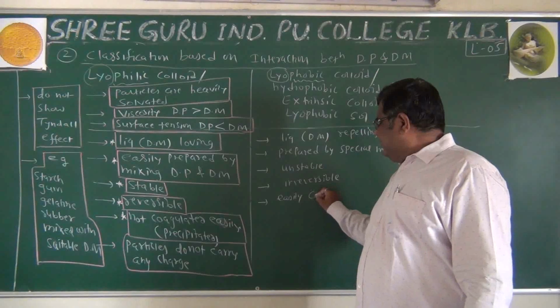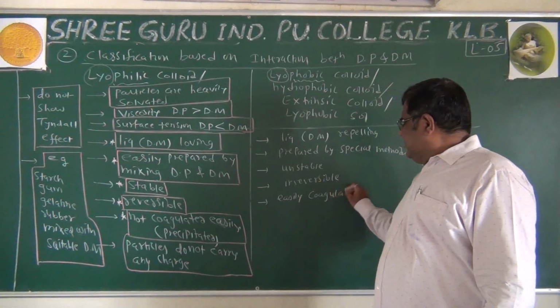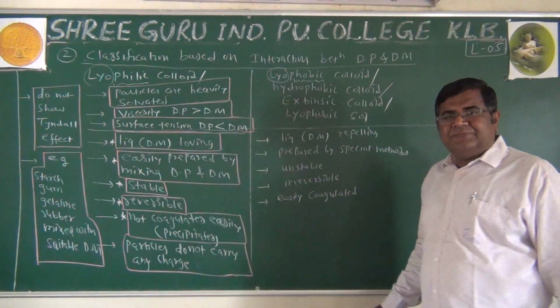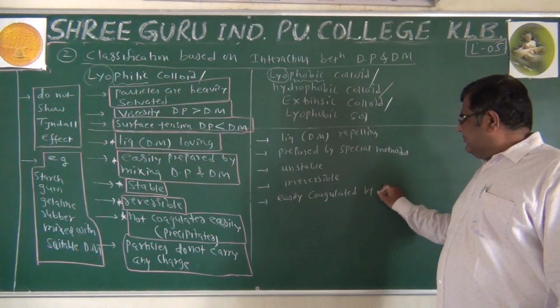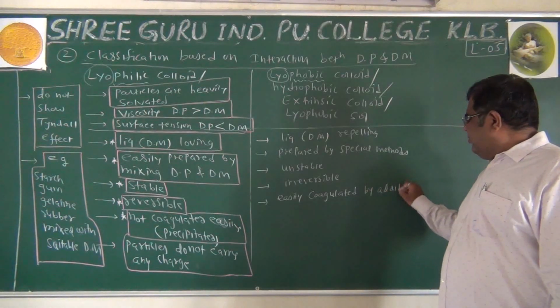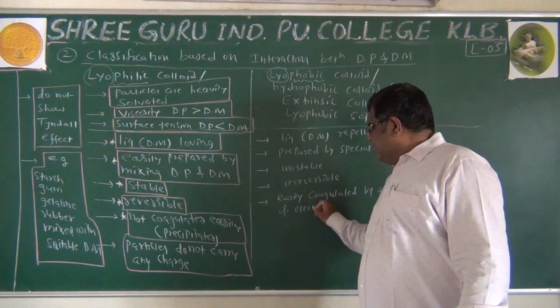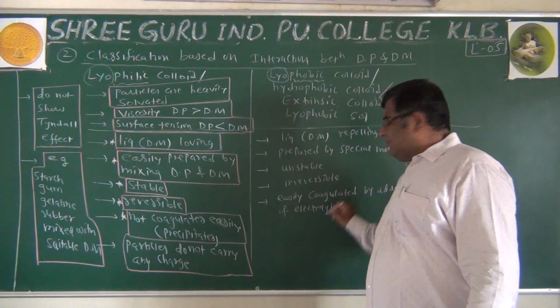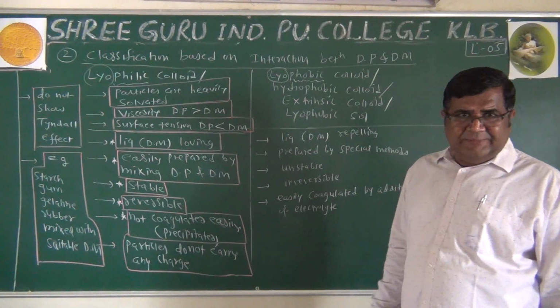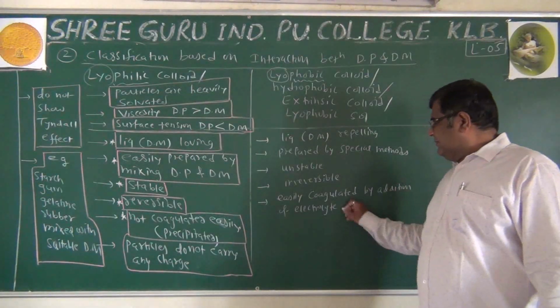Easily coagulated by addition of electrolyte of opposite charge; if we add them, precipitation occurs.